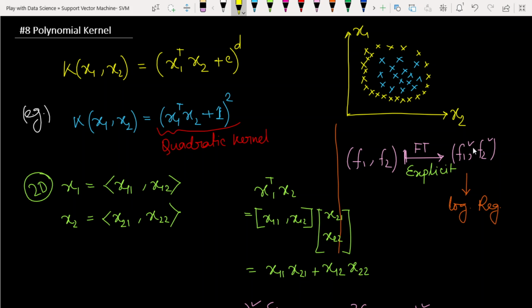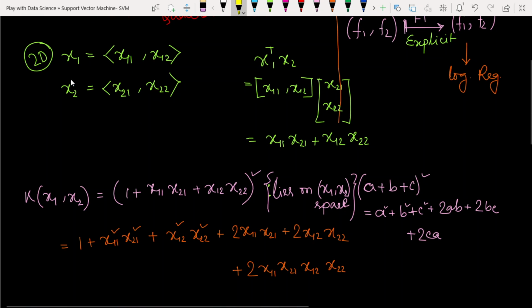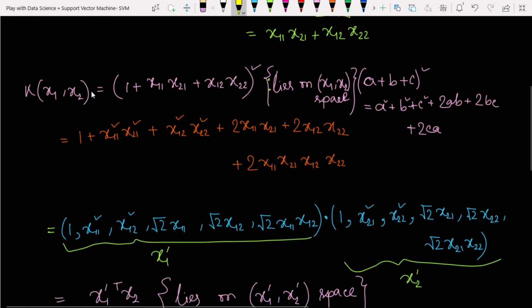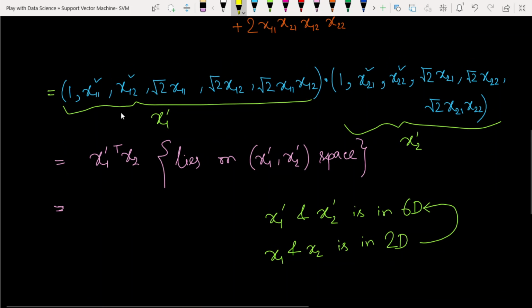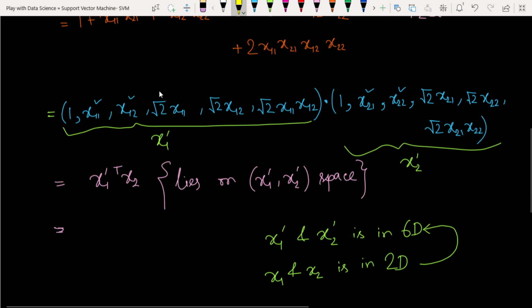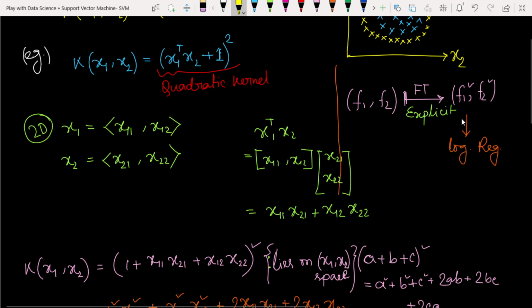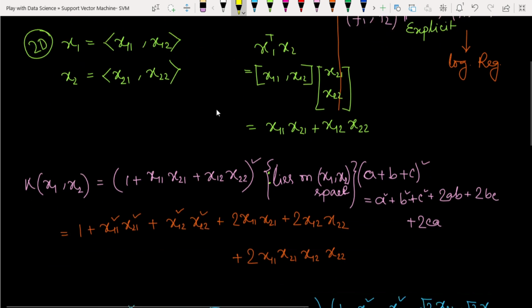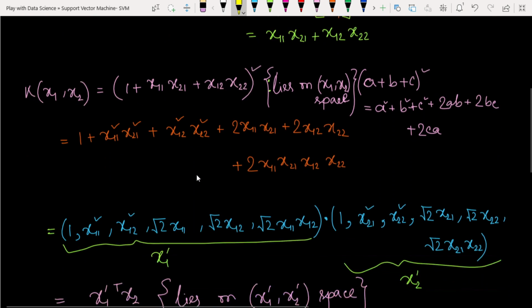And in the polynomial kernel, we convert our x1 and x2 in one kind of way, such as x1 square, because here x1 square is included. We use this kind of function here also, but there we use it explicitly, while here we can use it implicitly.